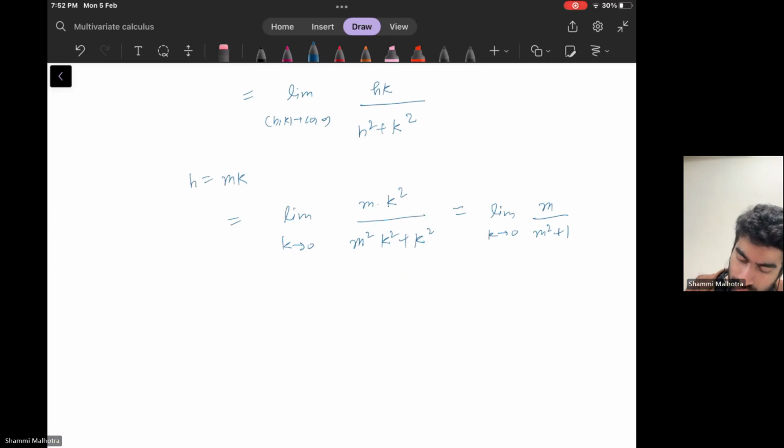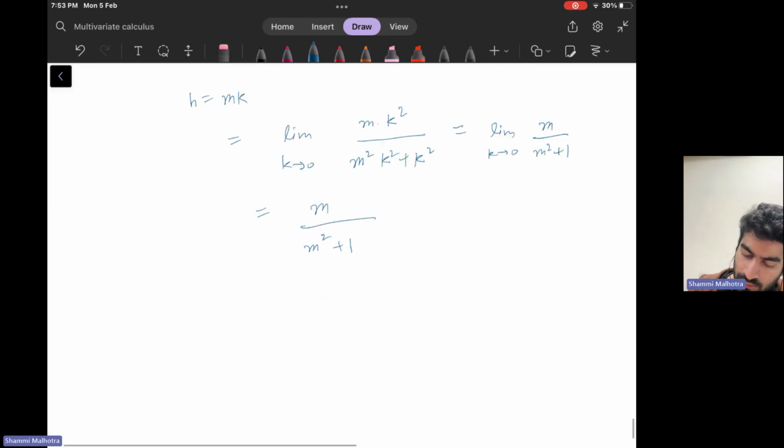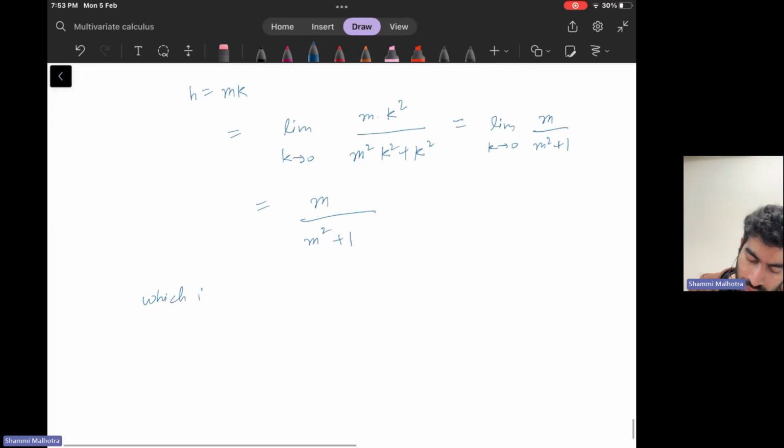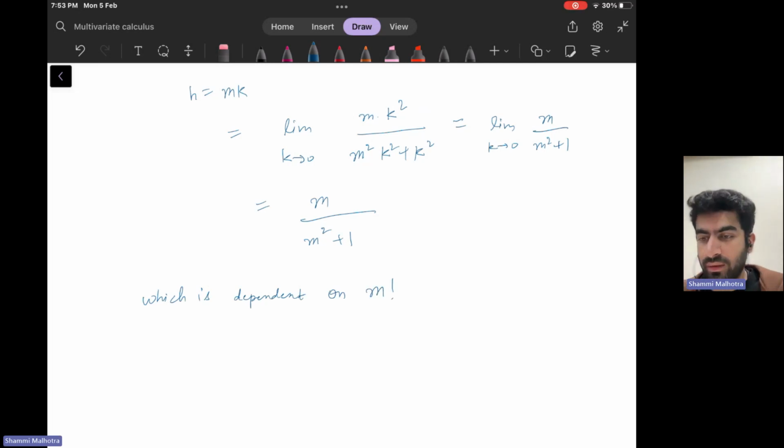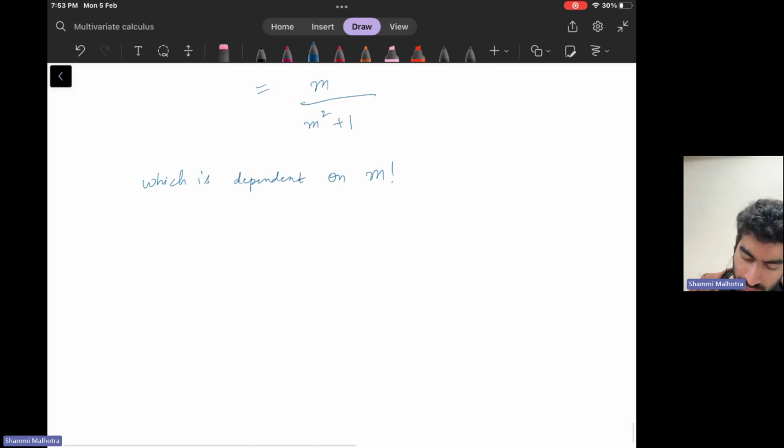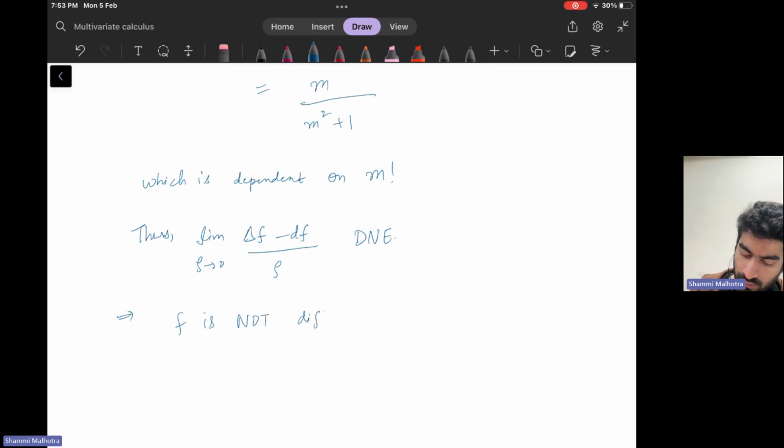So the limit turns out to be m divided by m square plus 1, which is dependent on m. So the limit is depending on m, and since this is depending on m, the limit is not existing. Thus limit rho tending towards 0 of delta f minus df divided by rho does not exist, and this will imply the function is not differentiable at 0, 0.